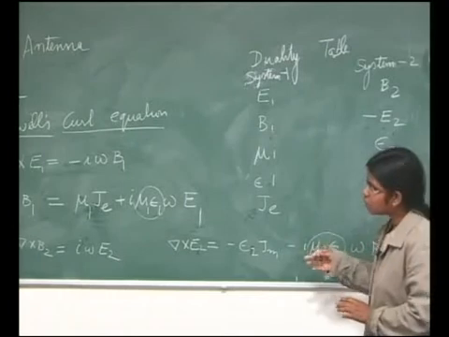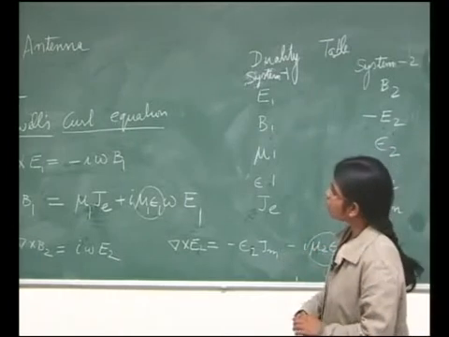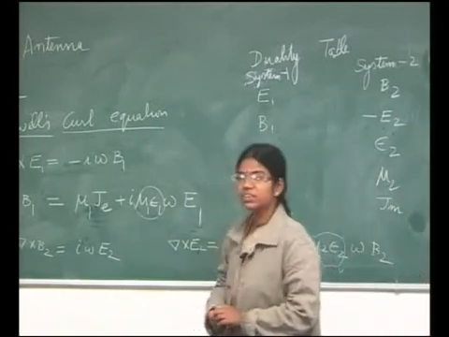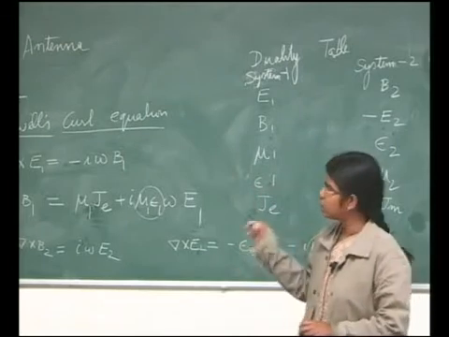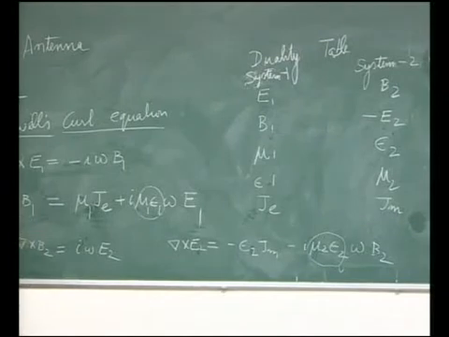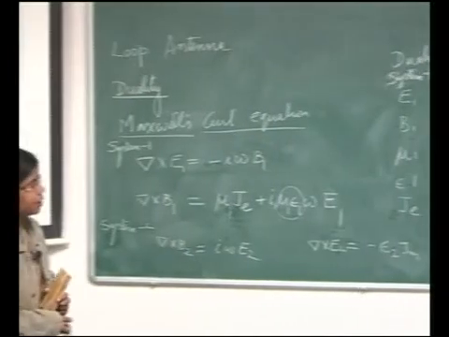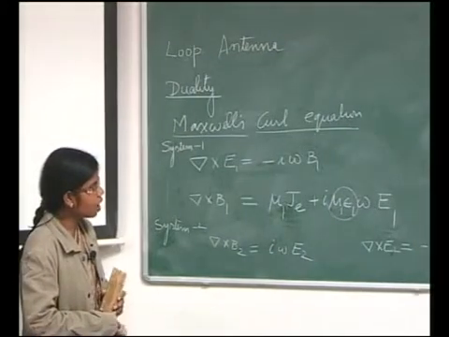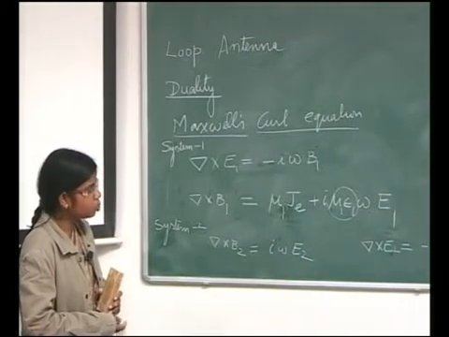Okay. Now, using these transformations, we are going to derive the radiation resistance for a loop antenna. So, first we will write the expression for the electric field of a loop antenna. First I will tell you how the radiation pattern from a loop would look like.